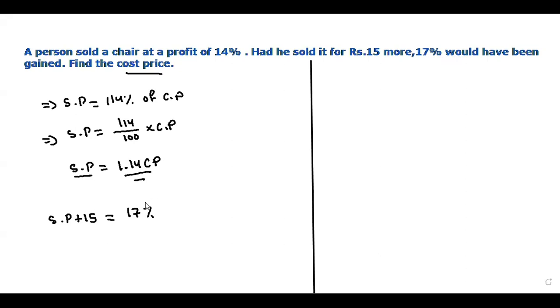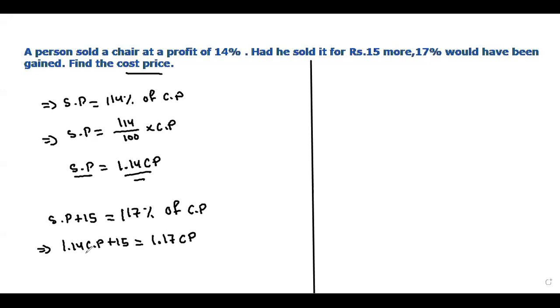What does it mean? It means 117% of cost price. The selling price you got as 1.14 of cost price plus 15 is equal to this. Changing to decimal, it will be 1.17 times CP.